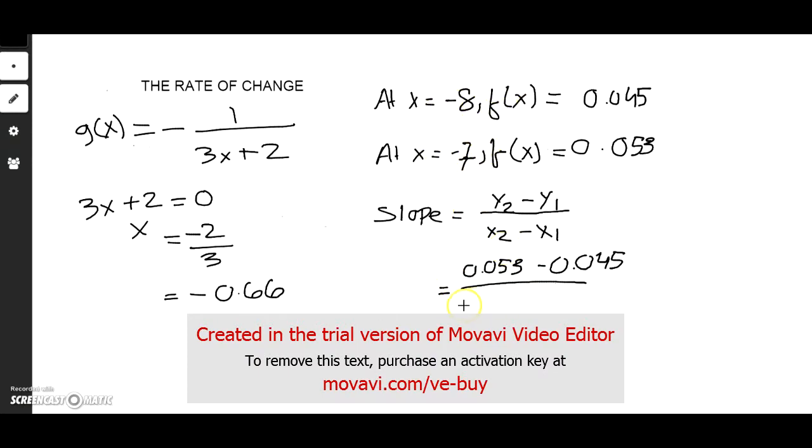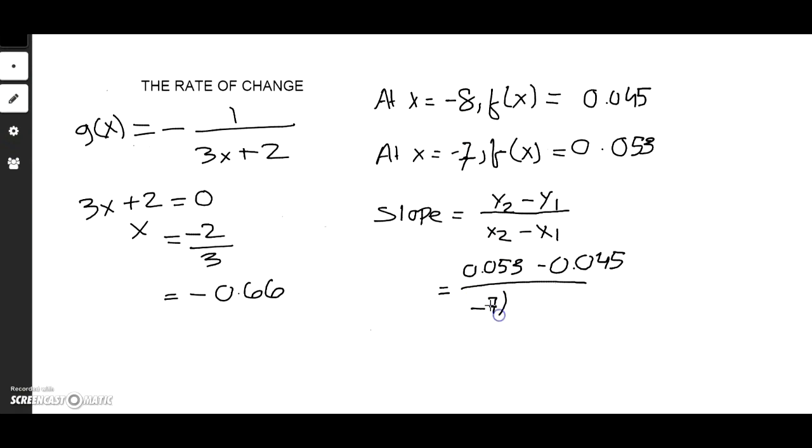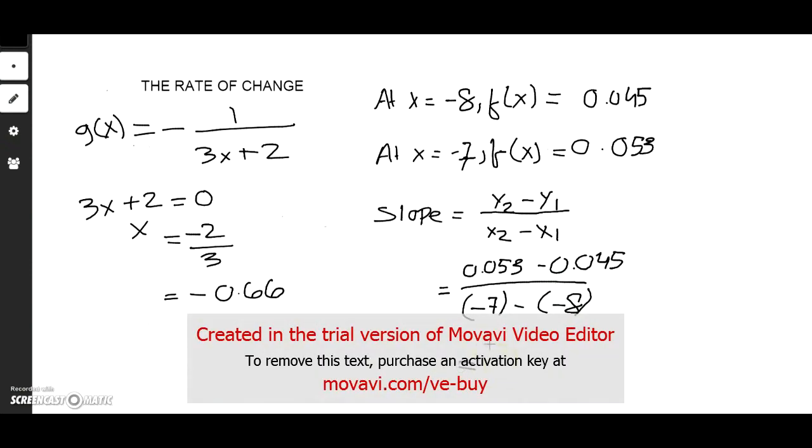So we can write negative 7 in a bracket minus negative 8. And the value that you get is your slope.